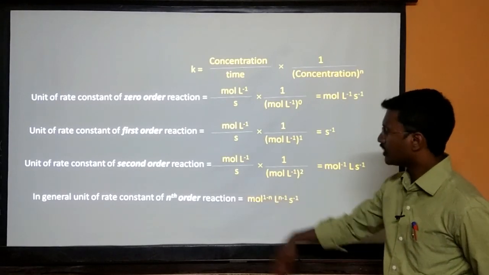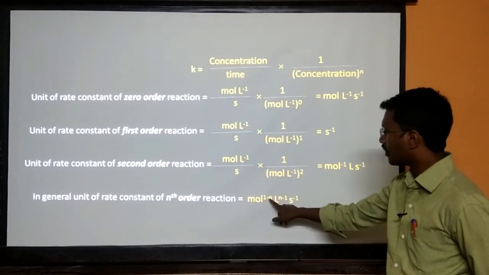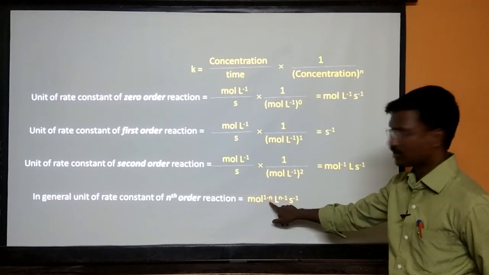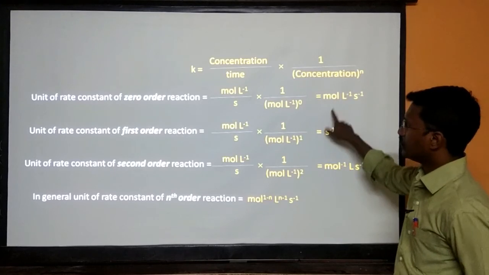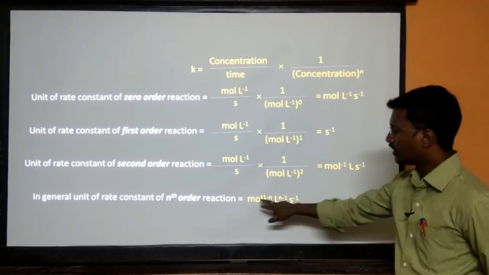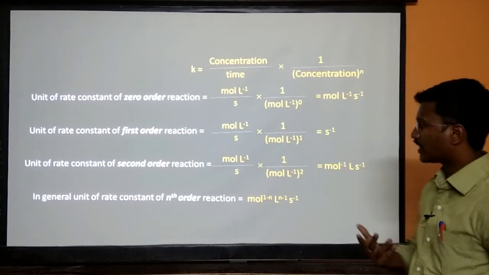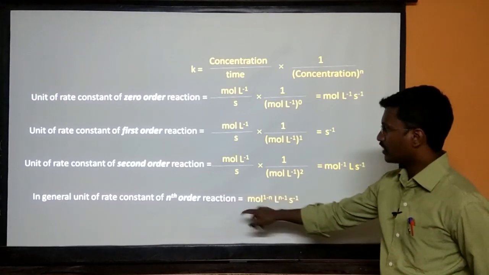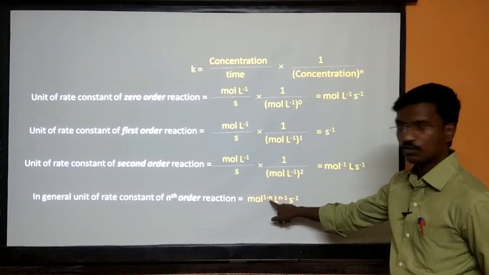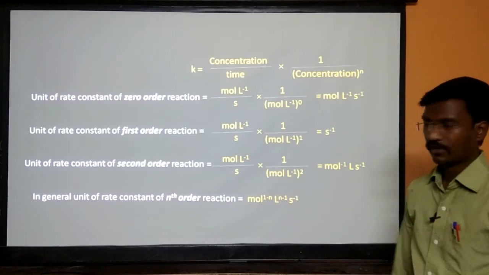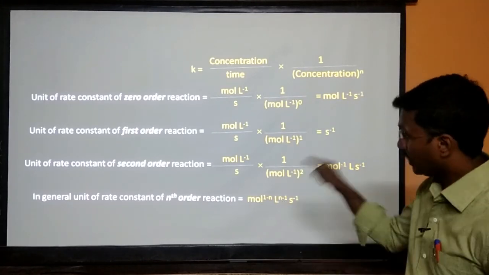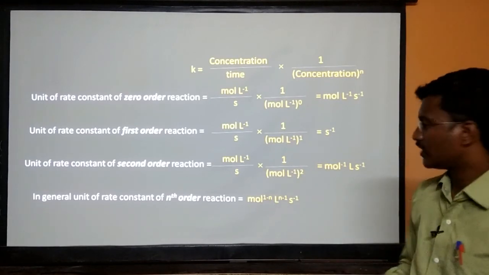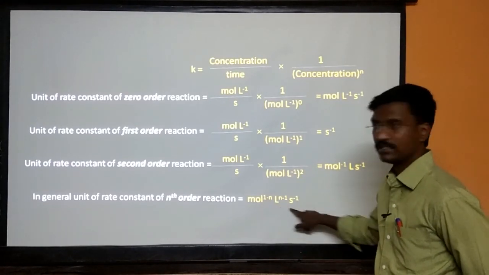For the zero order of the reaction, you just put n is equal to 0, and for first order you put n is equal to 1. Similarly, for the rate constant of fifth order, you write n is equal to 5 in both places. If you want to calculate the SI unit of any nth order reaction, it can be calculated by this expression.